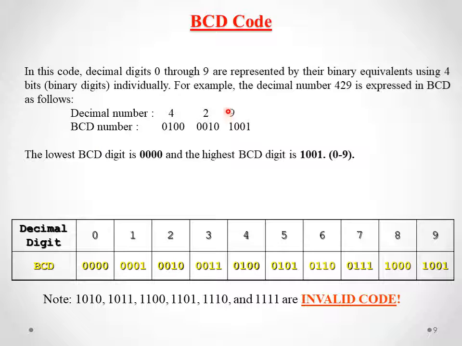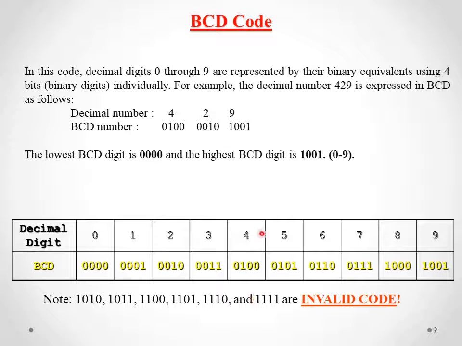Each decimal digit is represented by an equivalent 4-bit binary number. So 9 is represented by 1001, 2 is represented by 0010 and 4 is represented by 0100. So the lowest BCD digit is 0 and the highest BCD digit is 9.